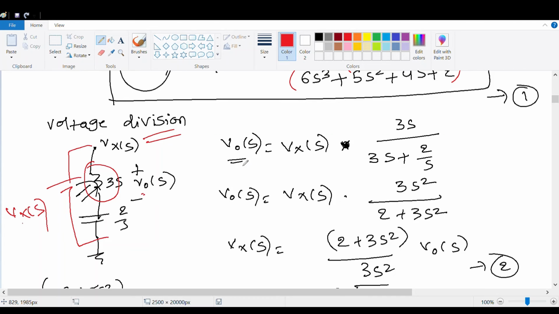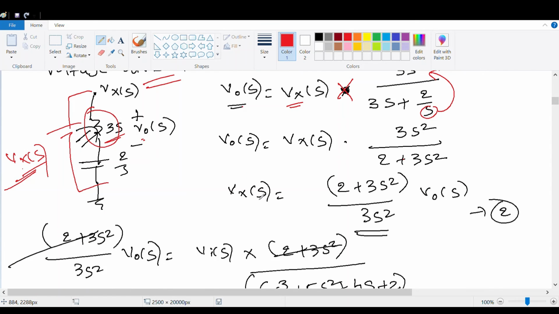This voltage V naught of s is equal to total voltage Vx of s times this impedance 3s by total impedance 3s plus 2 by s. So V naught of s equals Vx of s into, this s goes up, 3s square by 2 plus 3s square.